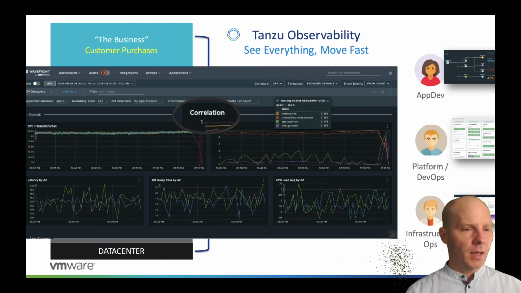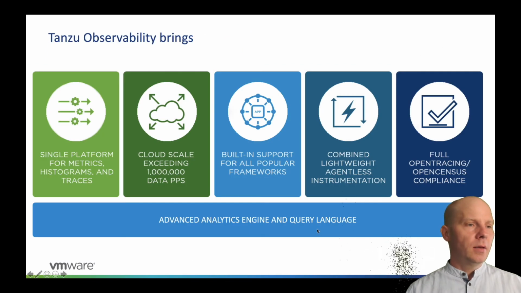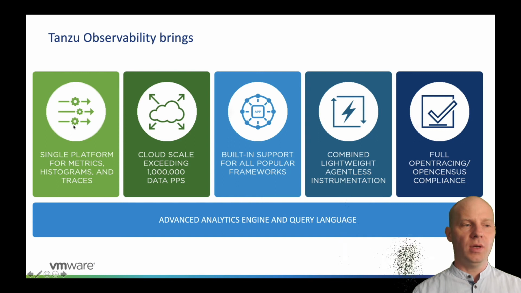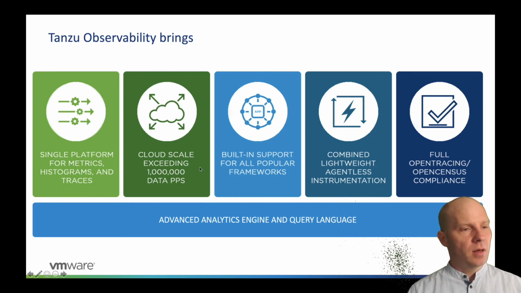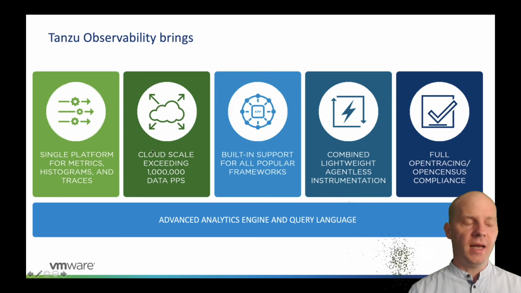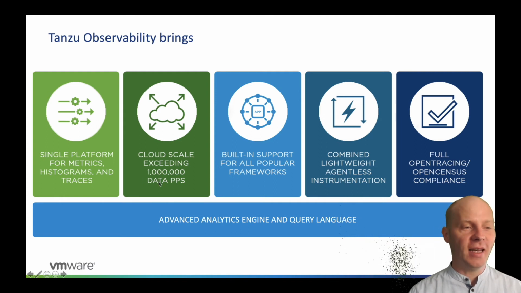So, with Tanzu Observability, we do have a single platform for metrics, for histograms, for traces. We've tested it with even 10 million data points per second ingesting data. So it is quite scalable.